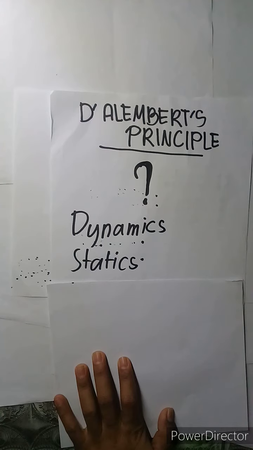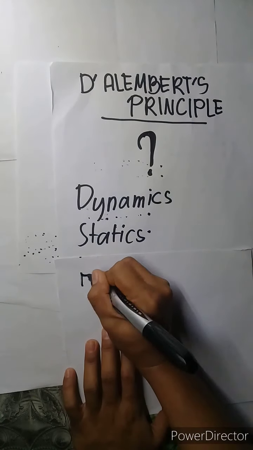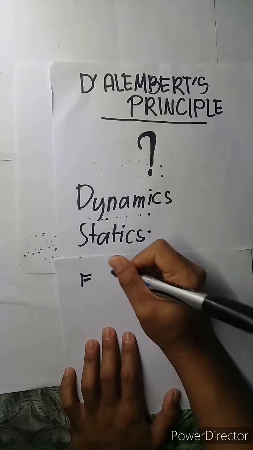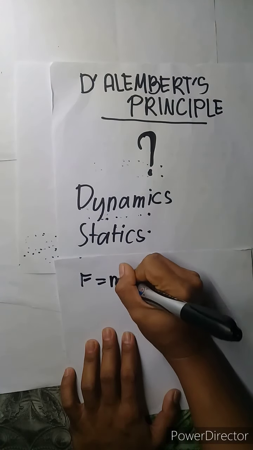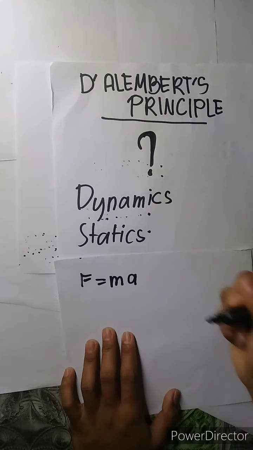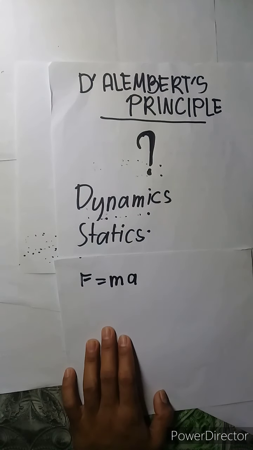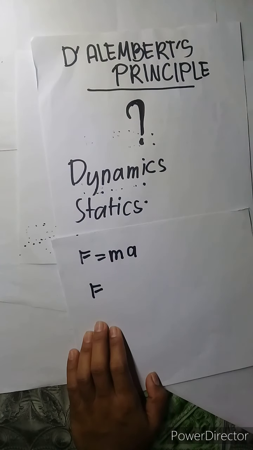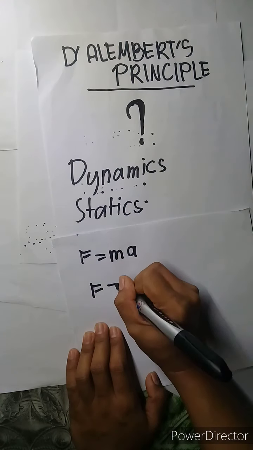And the second law states that the force acting on a body is equal to the product of mass and acceleration of the body. But in the D'Alembert form, the force plus the negative of the mass times acceleration of the body is equal to 0.